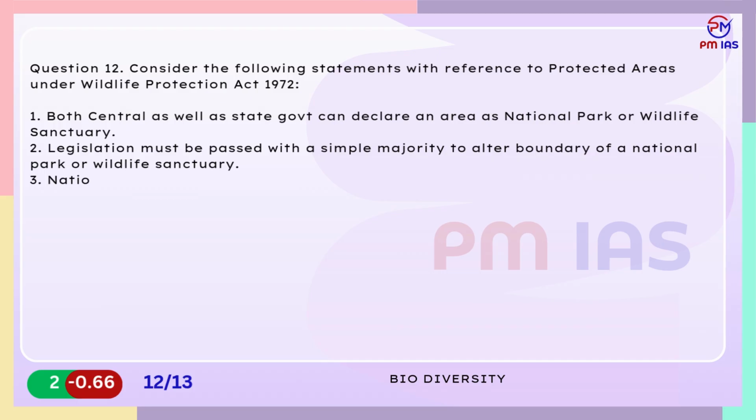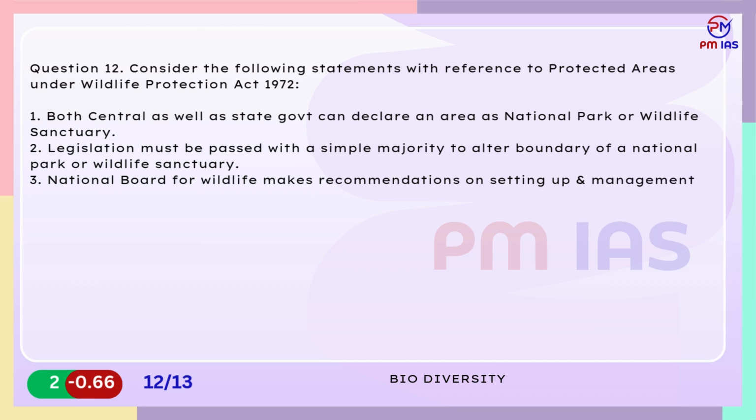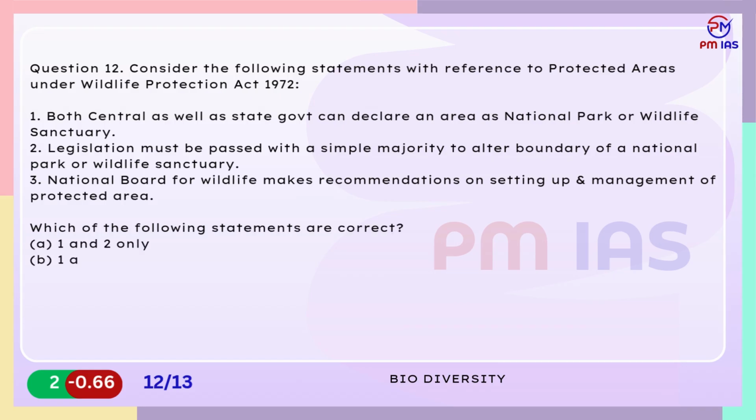The National Board for Wildlife makes recommendations on setting up and management of protected areas. Which of the following statements are correct? A. 1 and 2 only. B. 1 and 3 only. C. 2 and 3 only. D. 1, 2 and 3.